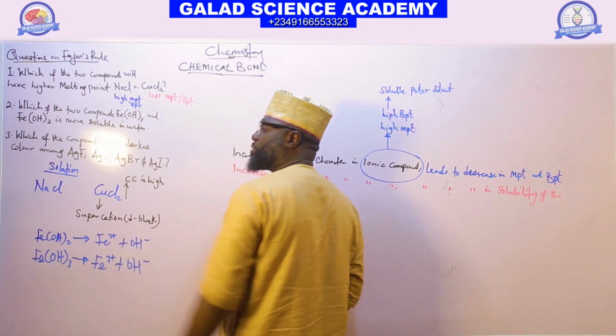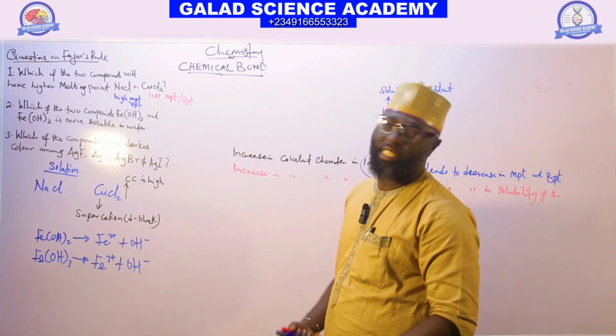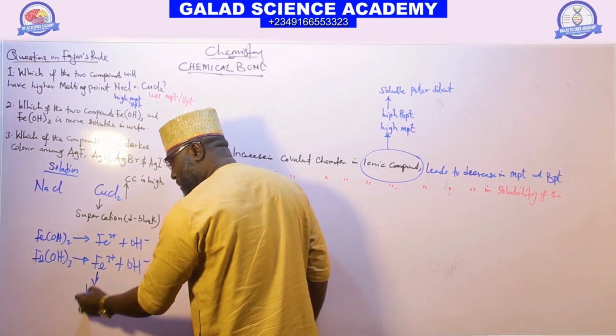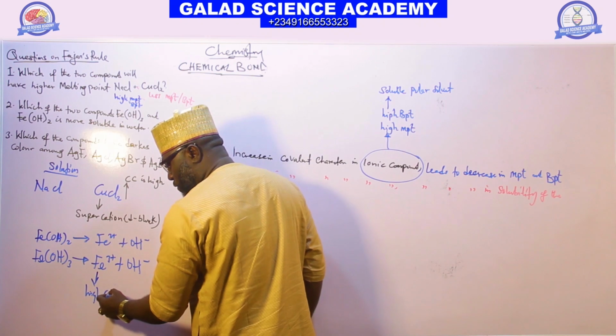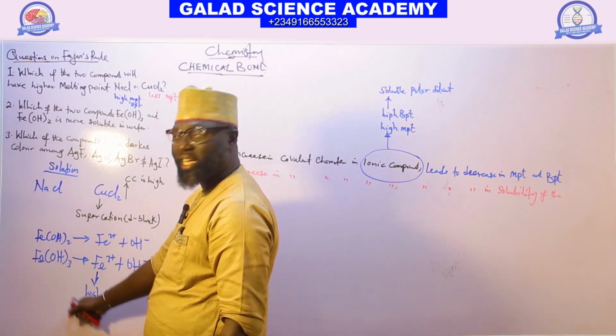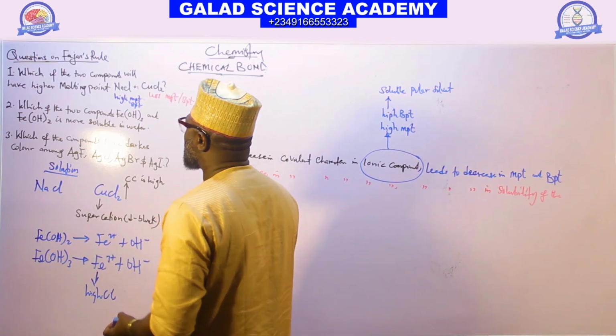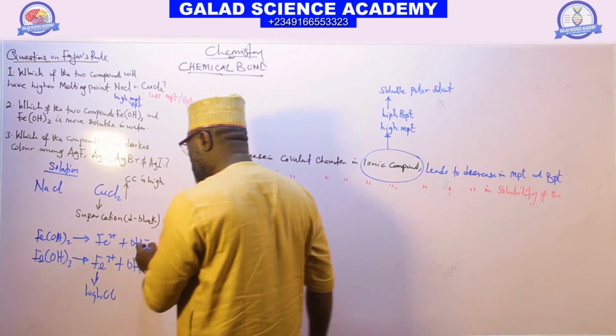Which of the two ions has the highest charge density? Which is Fe3+. So the Fe3+ will have high covalent character. Anyone that has high covalent character, the solubility will be reduced. So the more soluble in water will be iron 2.